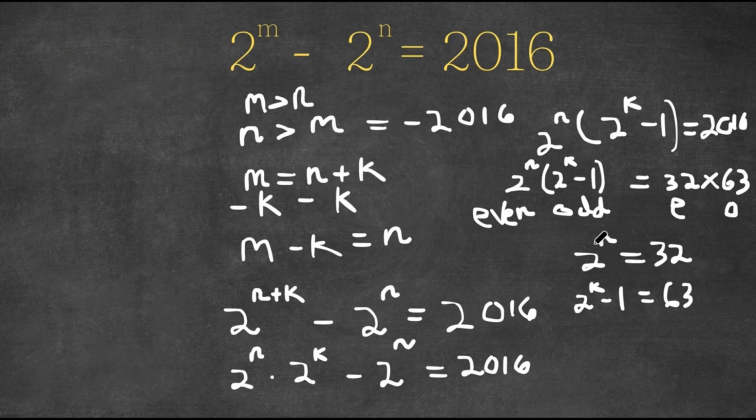So if 2 to the power of n is equal to 32, then n is equal to 5, because 2 to the power of 5 is equal to 32. And we have 2 to the power of k minus 1 equals 63.